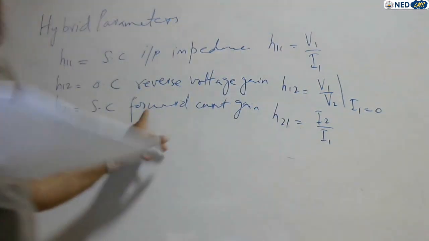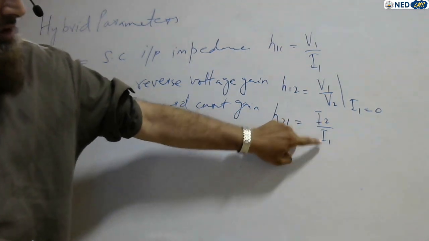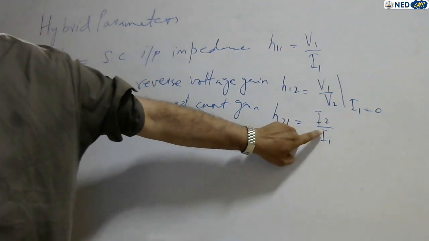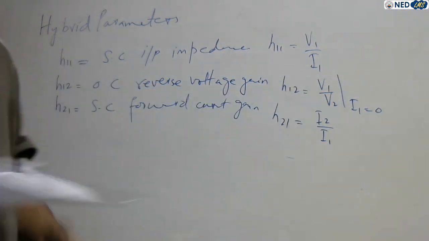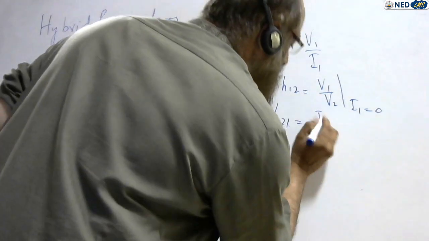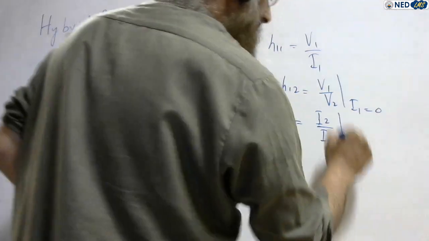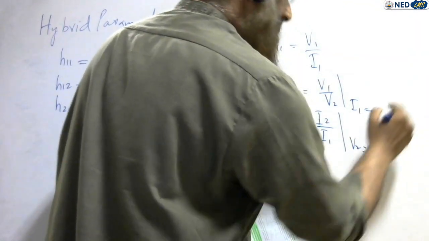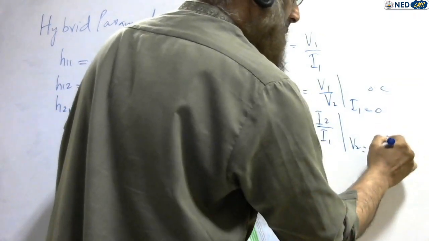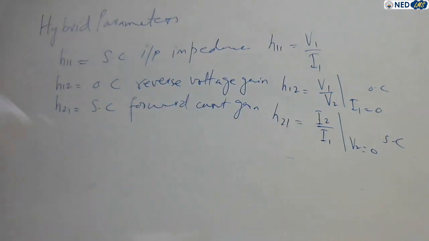Why forward? Because it is output over input, that was forward. If input over output, reverse, right? So it is forward. And why short circuit? Because in this our voltage, that is V2, was 0. Current 0 means open circuit, voltage 0 means short circuit.